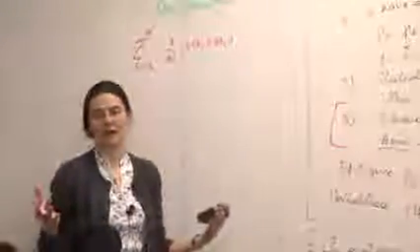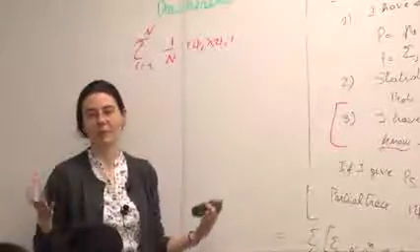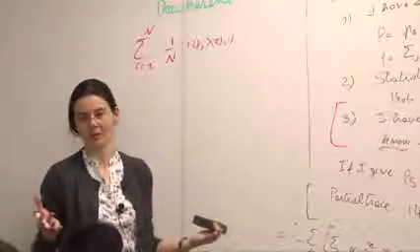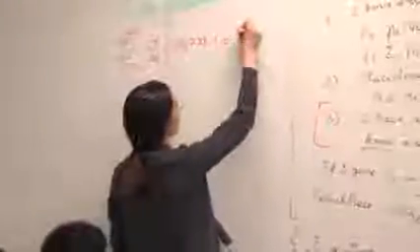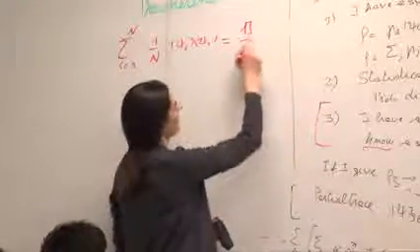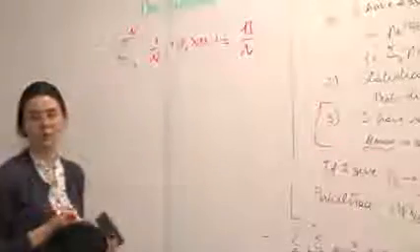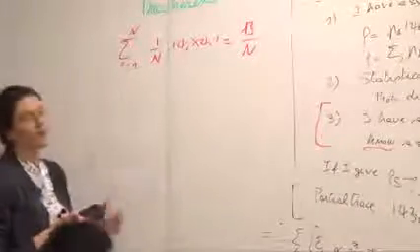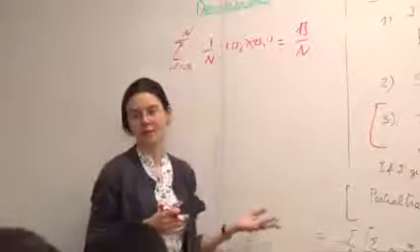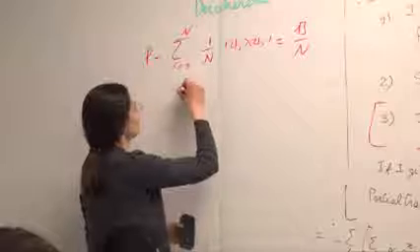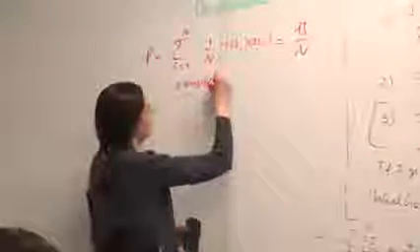It describes your complete lack of knowledge about your system. This is nothing else than the identity operator normalized by the dimension of your system, and this represents your complete ignorance.